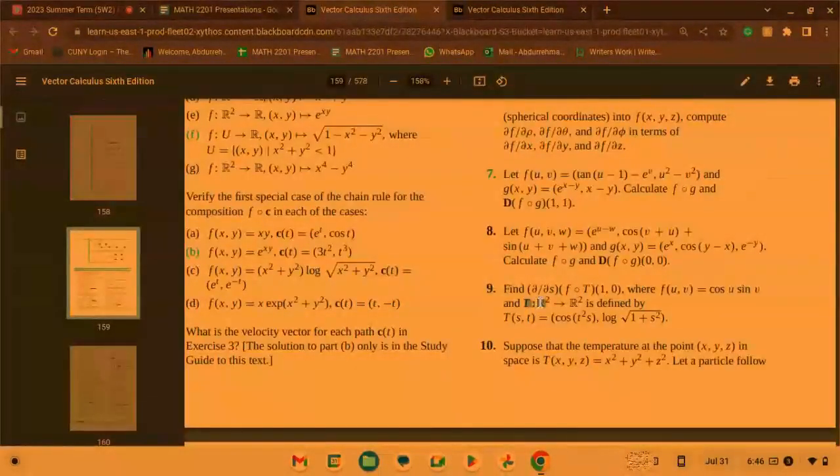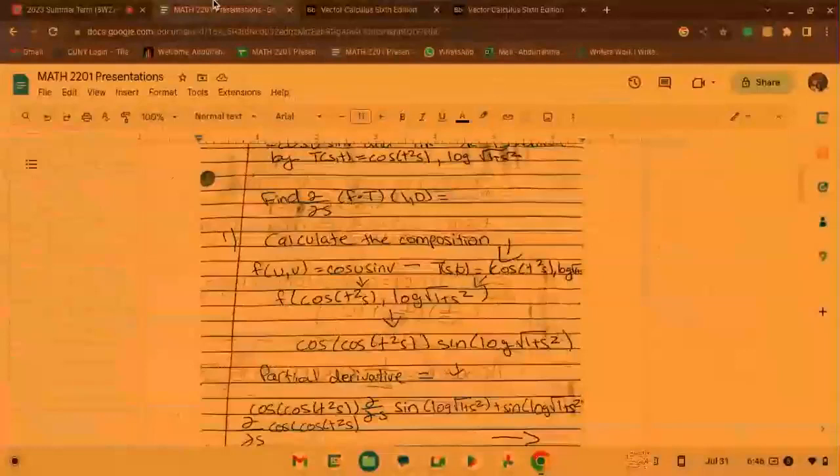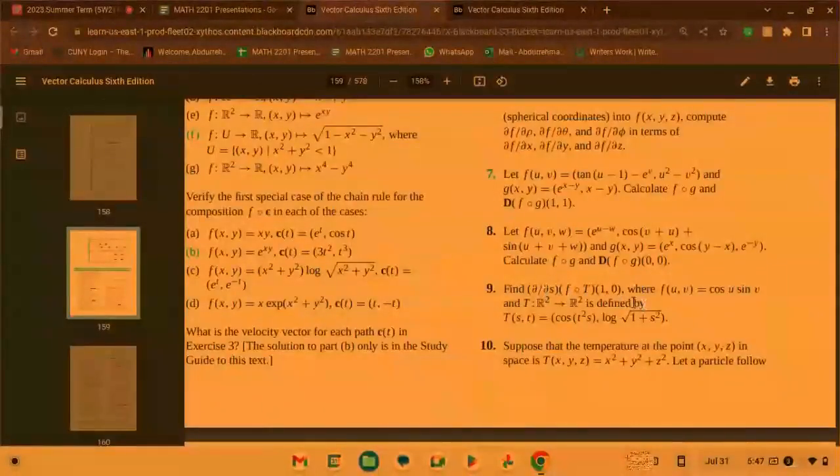Staring at F, what kind of function is F? F takes what kind of vector? 2D, the domain, yes, two dimensions. So F goes from two space to one space.